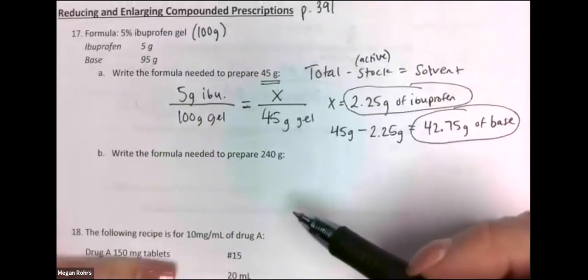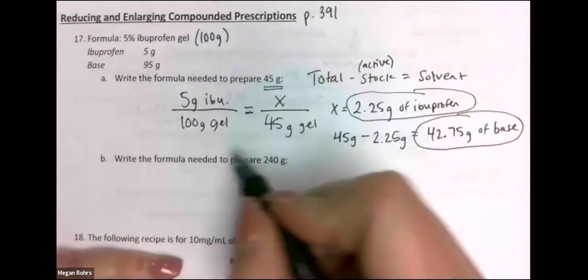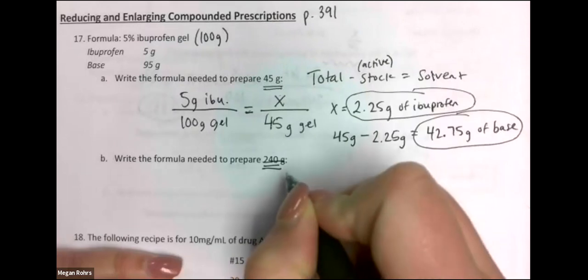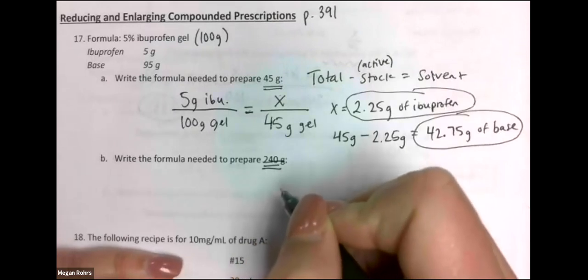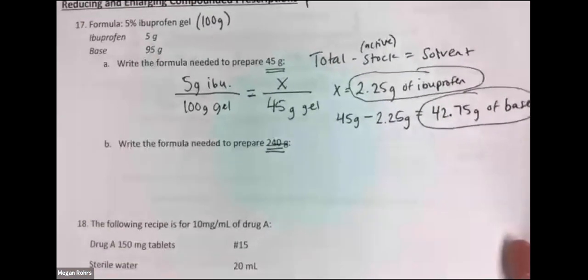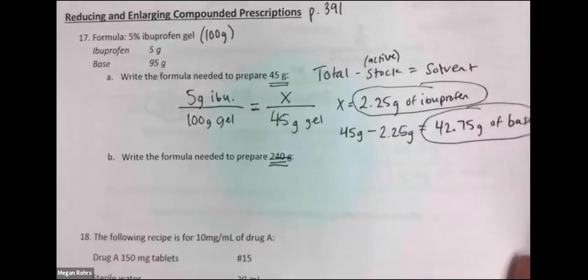So what I would like you to do now is prepare a formula to make 240 grams of gel. You should be able to do that based on the example that we just went through. And then after you have done that, we can move on to number 18. Last one here.